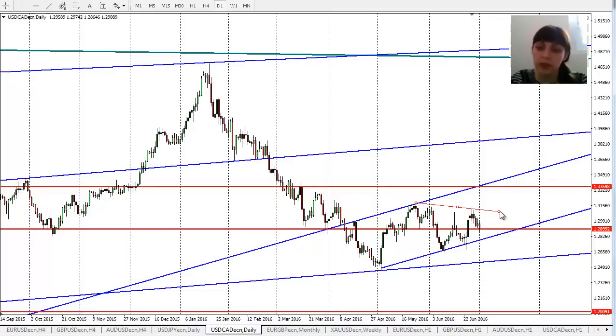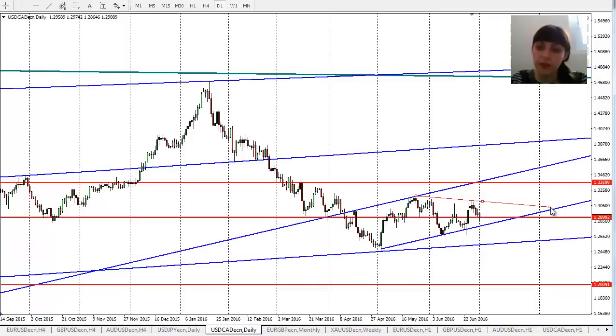It might be it started to go down inside the channel. It could be that it started a downtrend, as you can see. So we have the one bottom, we have a top, and we have another top, and the previous top was higher. That top is high, and this is the lower.